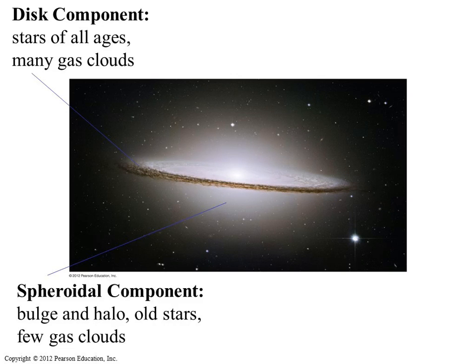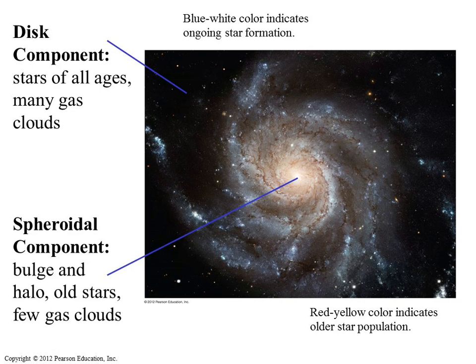When we talk about the spheroidal region around a galaxy, as we ran into with the Milky Way, we're talking about the halo region. And like the Milky Way, in the halo region of other galaxies too are the older stars. In the disk component, we have an assortment of young stars and old stars.